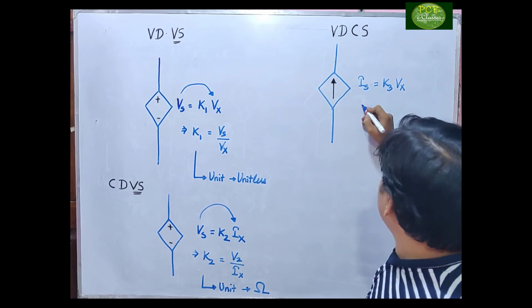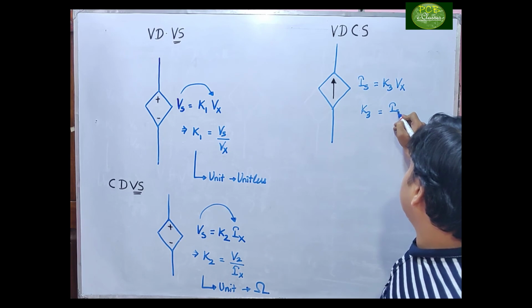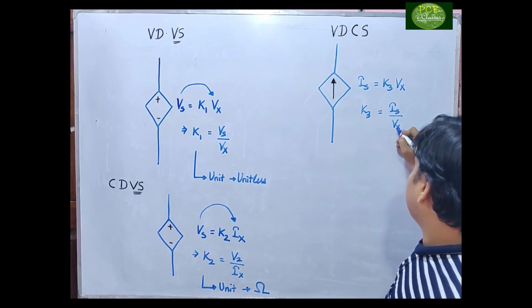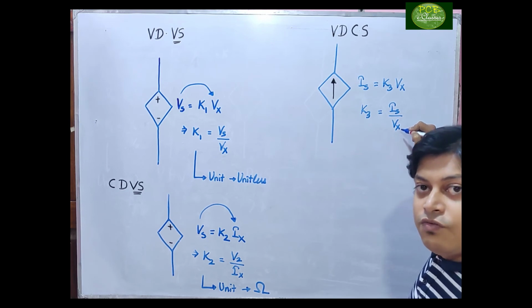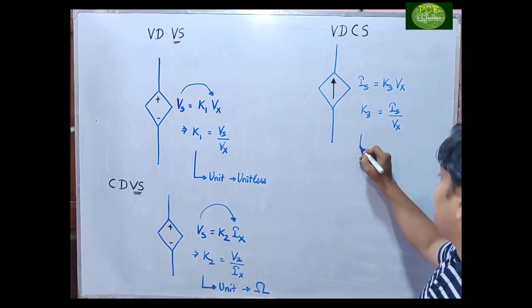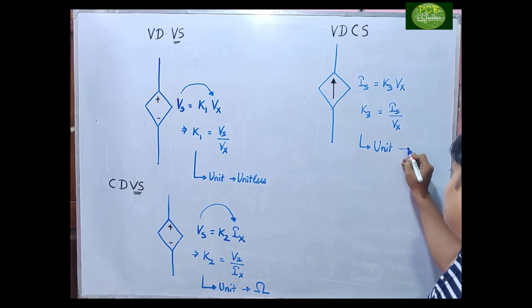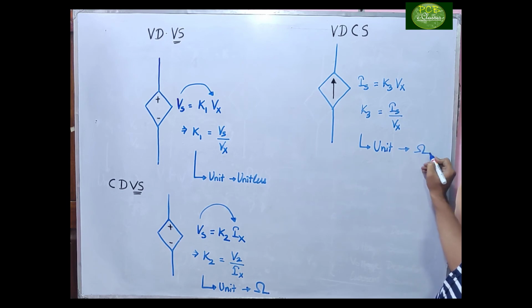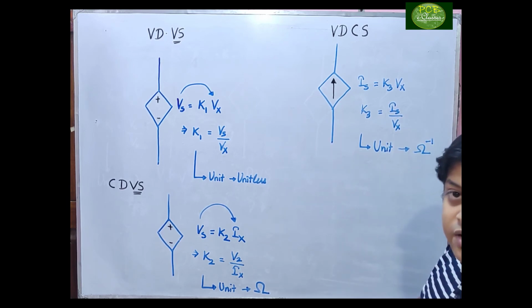That means K3 equals Is by Vx. What is the unit of Is? Ampere. What is the unit of voltage? Volt. Ampere per volt. It's the opposite. So its unit is ohm inverse.